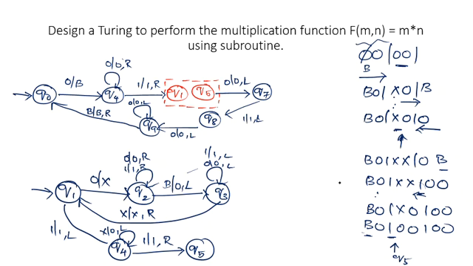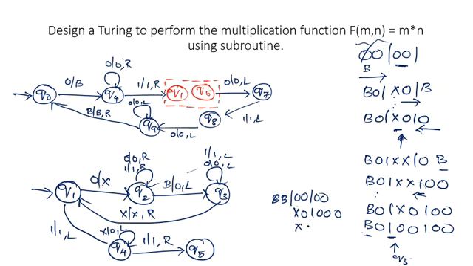So what will be repeated is, the second 0 will become B. I will write it over here. The second 0 will become B and you will have 1, 0, 0, 1, 0, 0. Now the subroutine function will be called and this will become X 0, 1, 0, 0, 0.